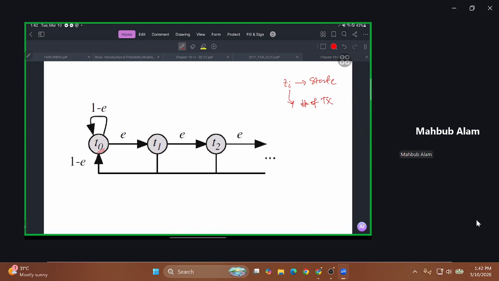That means i indicates the number of failures or number of collisions. So when i equals 0, this indicates this packet did not experience any collision or any failure. So this is a fresh packet.